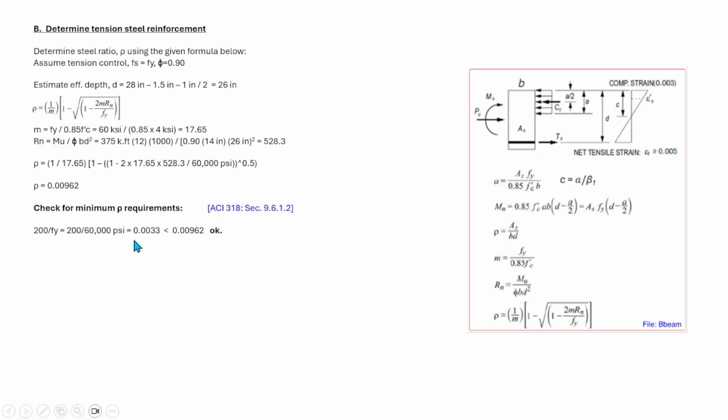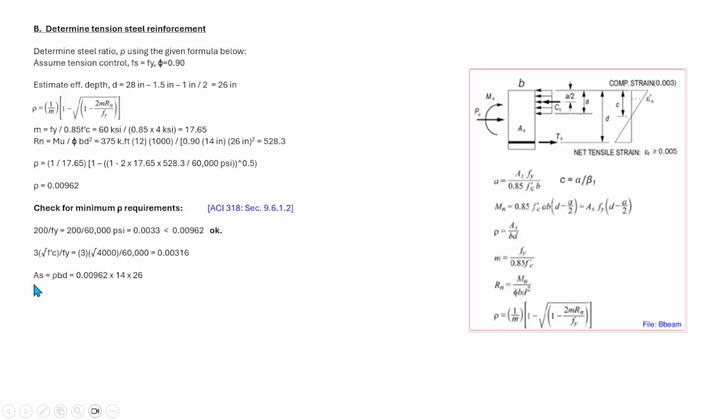So this is the minimum steel ratio requirement as per the code, which is less than our actual steel ratio, which is 0.00962. There is another provision for minimum requirements, which is 3 times the square root of Fc prime over Fy, equal to 3 times the square root of 4,000 psi all over 60,000 psi, and that is equal to 0.00316.